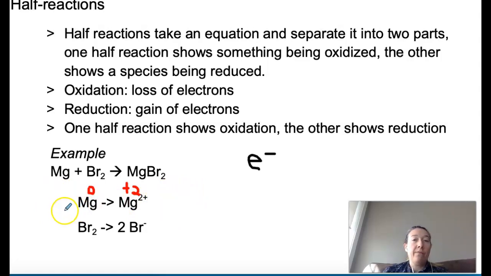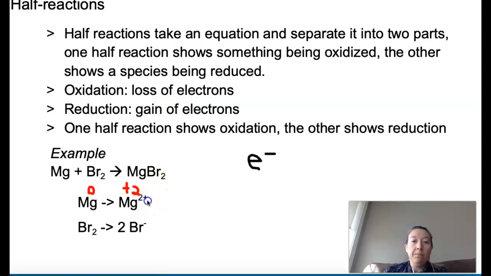And we need to think about the fact that every electron has a negative. So if I were to add 2 negatives to this side, that would make the charge over here -2, right, because 0 and 2 negatives is -2. That doesn't equal +2. So I don't want to add the electrons over on this side. I want to add them over on this side, right?